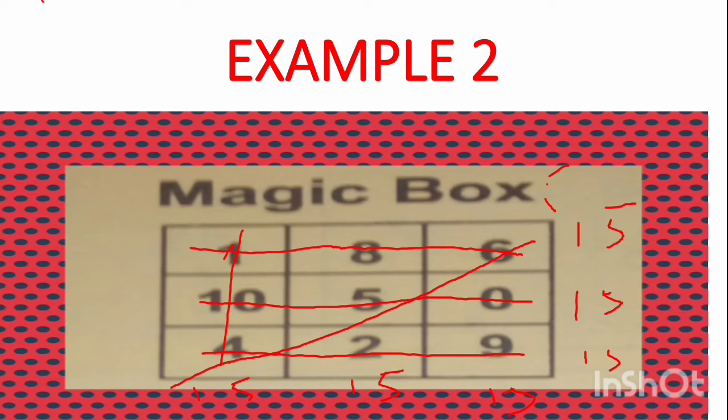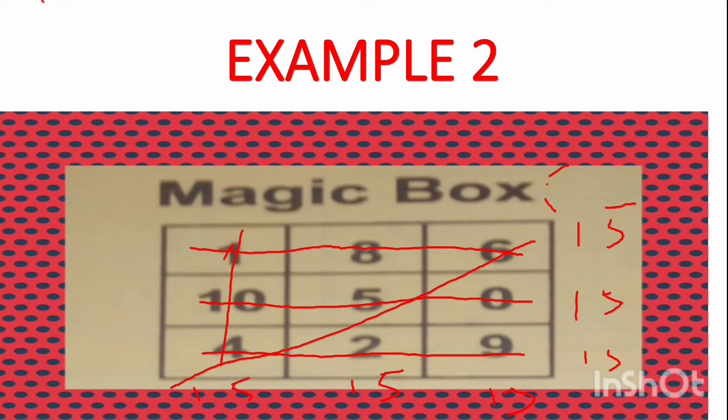That means if a line containing 3 numbers is 15, you will subtract the sum of any given 2 numbers from the 15 to look for the missing number. For instance, let's pick all the numbers in the first row.